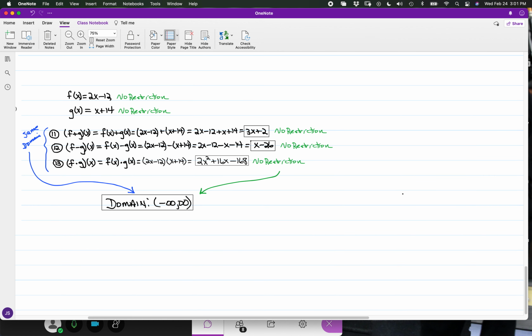And once again, the sum, difference, and product functions will have the same domain, but now the quotient function could have a domain that is different from the first three operations. Now, for f over g of x, this is equal to f of x over g of x.